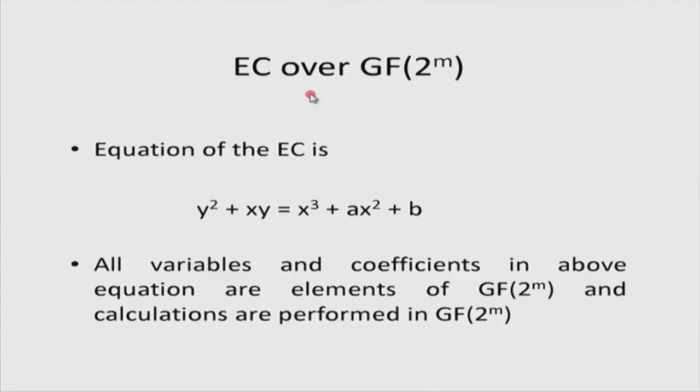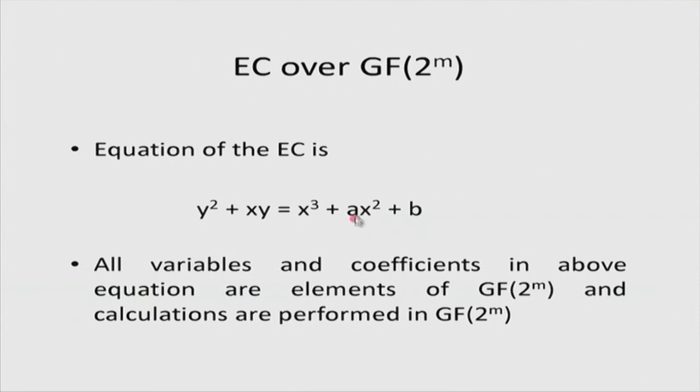Okay, so with that little introduction to elliptic curves over prime fields, the next thing is elliptic curves over binary fields. In this case, the equation is slightly different. Over there we had y square is equal to x cube plus ax plus b. Over here, in the case of elliptic curves over binary fields, another term is introduced: y square plus xy is equal to x cube plus ax square plus b.